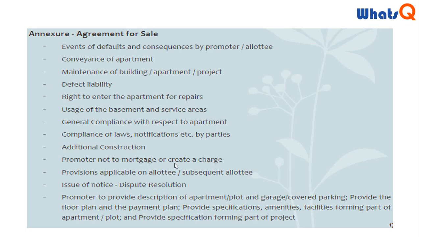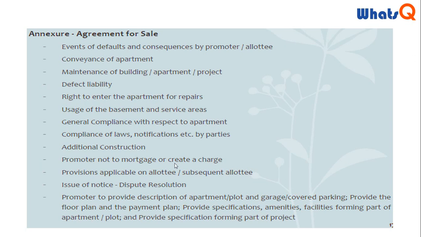So in a broader sense, you can understand that the government wants to avoid future disputes between any promoter and allottee. They want to capture each and every detail of the terms of the agreement in the annexure form, and these details will serve as a standard format for the agreement or contract between promoters and allottee.